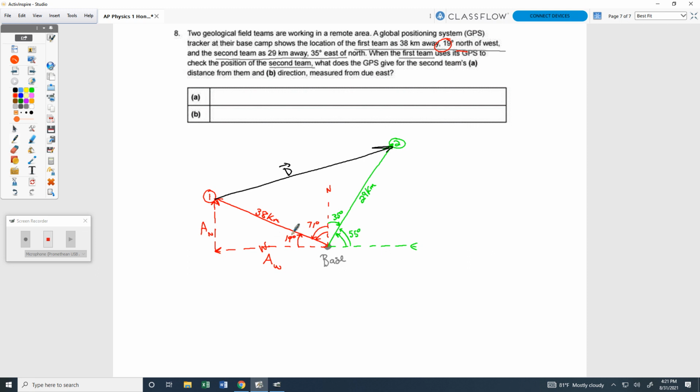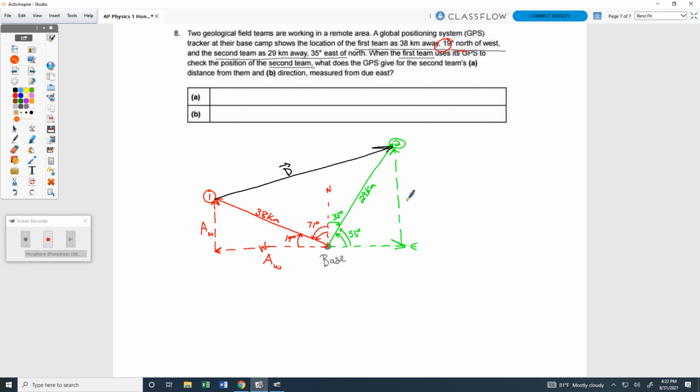I should be able to use sine and cosine with this 19 degrees. AN is opposite it, so the sine of 19 would be opposite over hypotenuse, and AW is adjacent, so the cosine of 19 degrees would be AW over hypotenuse, and we can find the lengths of these sides. Let's do the same thing with team number 2. They traveled east a certain amount, and then they went north.